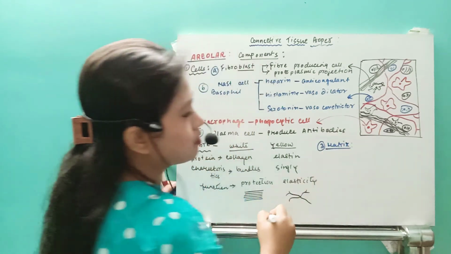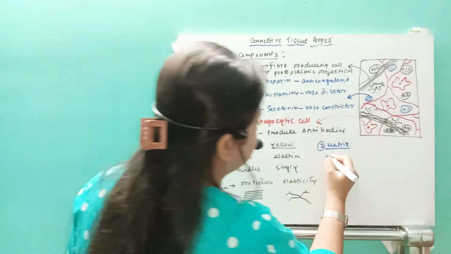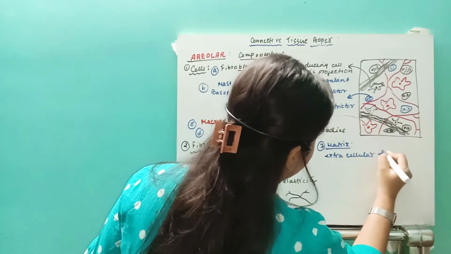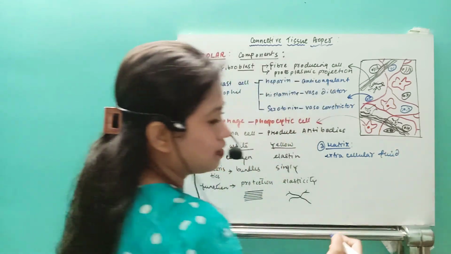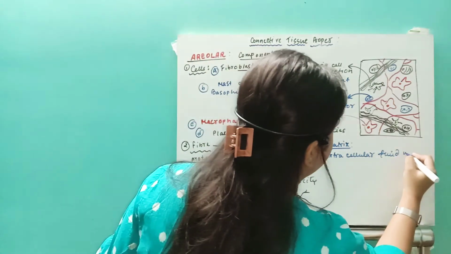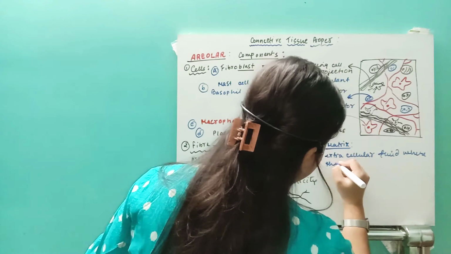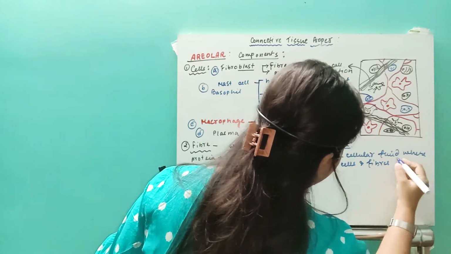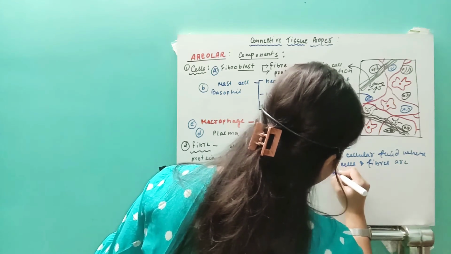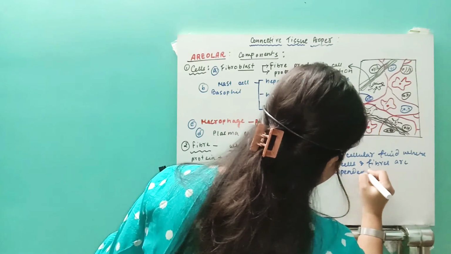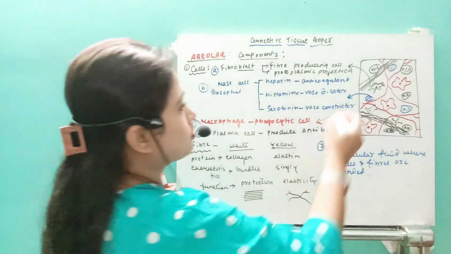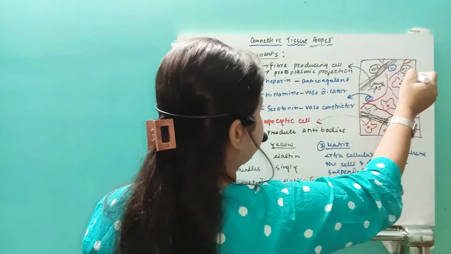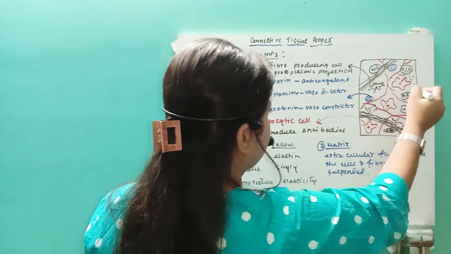So what is matrix? Matrix is nothing but the extracellular fluid. It is the extracellular fluid where the cells and fibers are suspended. So this is the matrix, where the cells and the fibers are suspended.